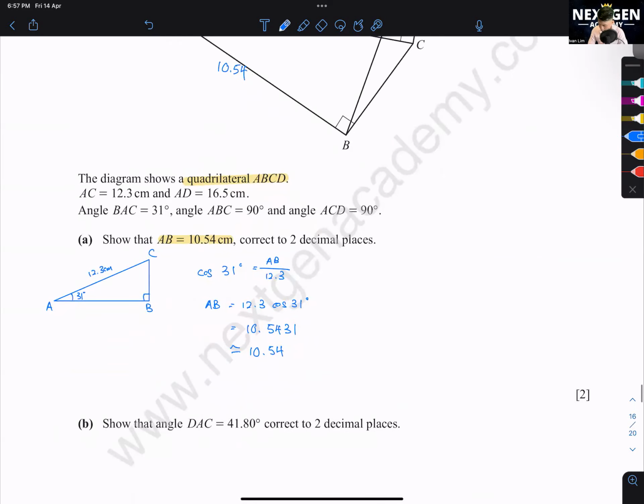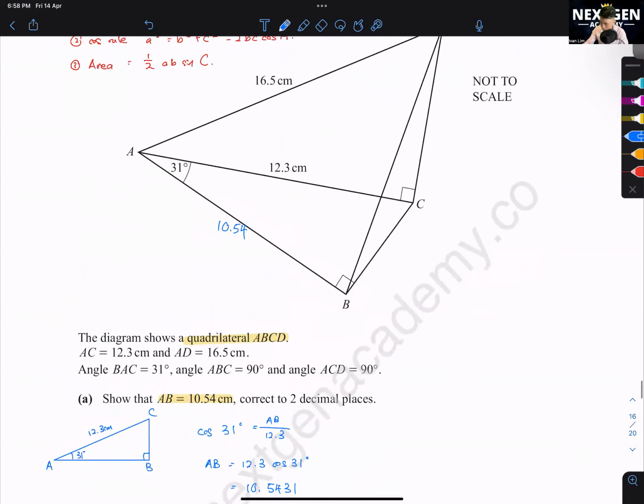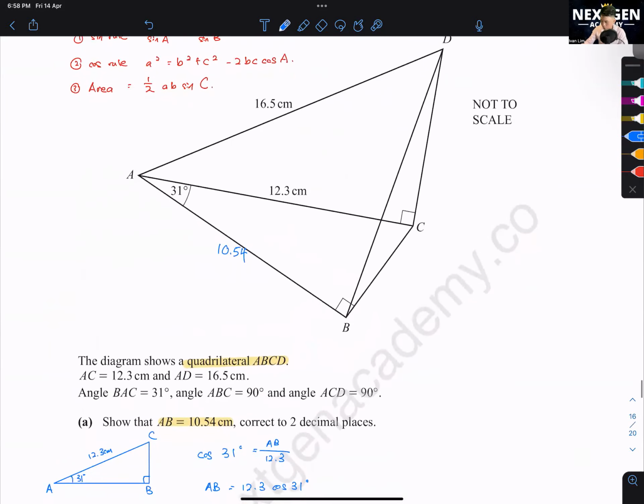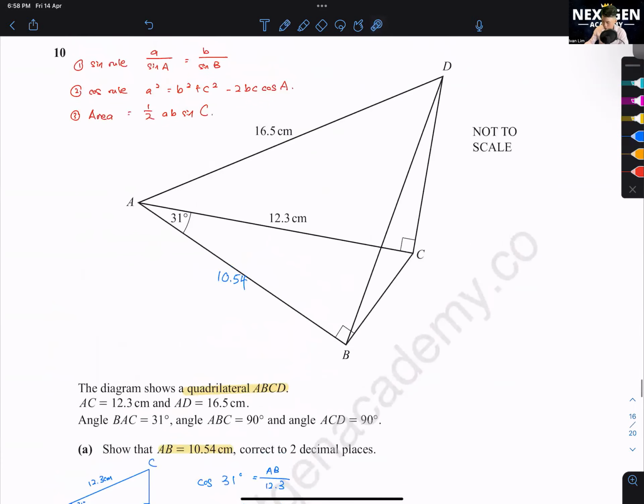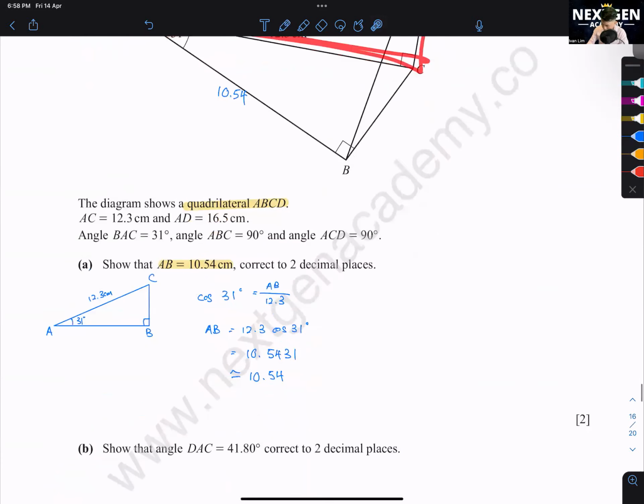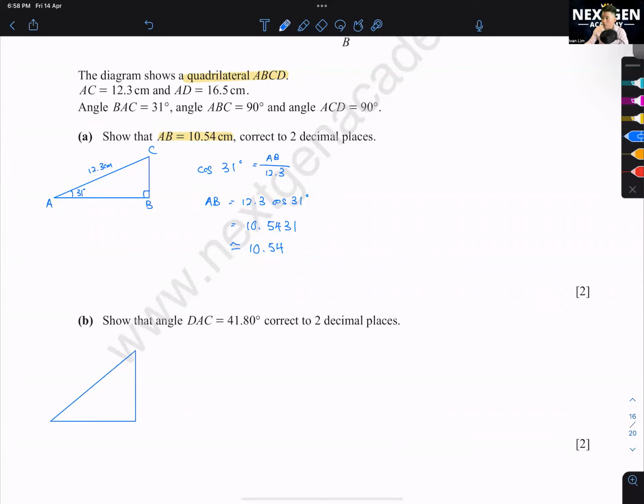Okay, question B. Show that angle DAC is equal to 41.8 degrees. Where is DAC? I have this one is a right angle triangle also. So let's sketch it out. They give us 16.5 and then 12.3. I want to find this angle here. We can use cos.